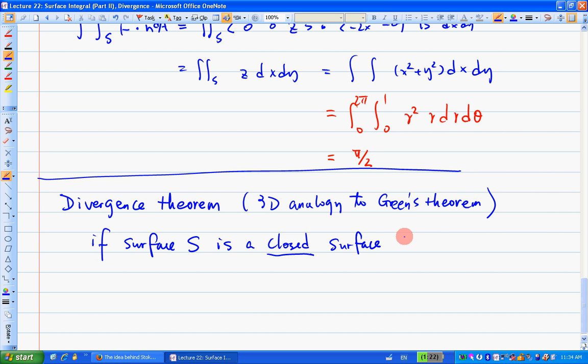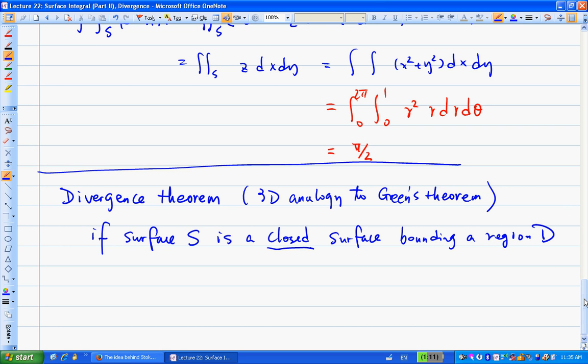Because it's a closed surface, the surface S must be bounding a region D. The other important thing is that we have to choose the oriented surface S pointing outward. So that's the orientation, right?